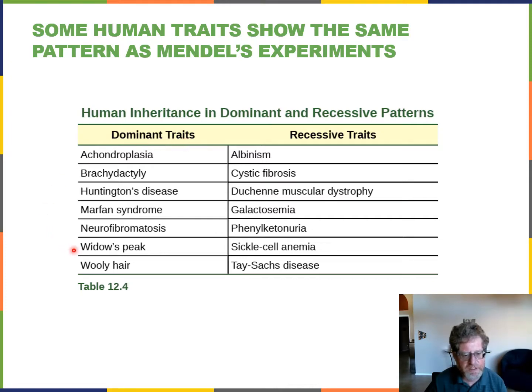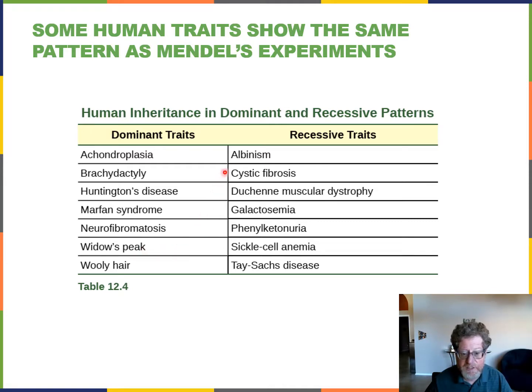Another one that's interesting that we won't talk about is widow's peak. Widow's peak means you have a little V if you pull your hair back and look at your hairline. What's interesting is that widow's peak is a dominant trait, and yet it's less common in the human population. So simply because a trait is dominant doesn't mean it's very common.